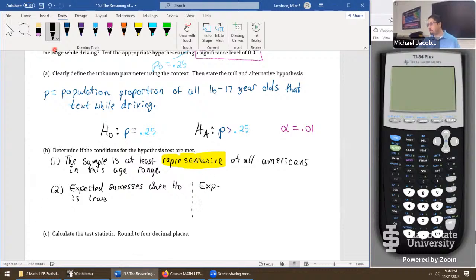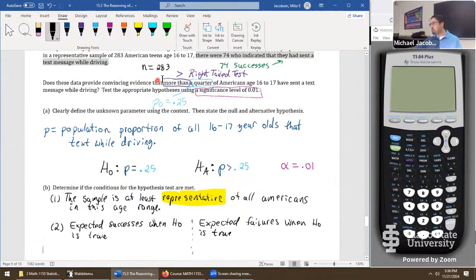This is the expected failures when H naught is true. When we're saying H naught is true, we are saying that the value P is truly 0.25. So if we go to grab our sample, almost wanted to say random sample, but if we have a sample of 283 people representing that age range, then we expect 25% of that sample to be successes.